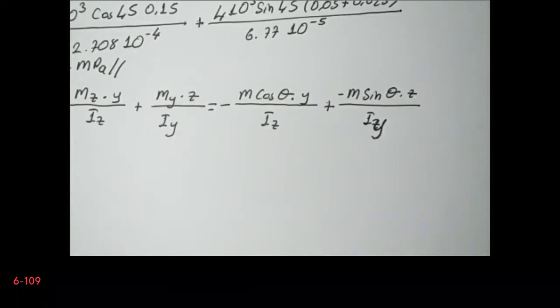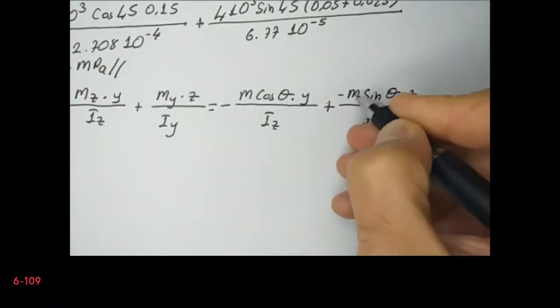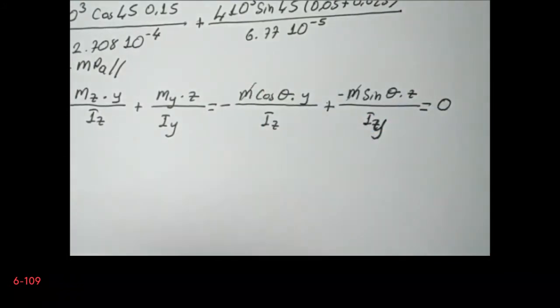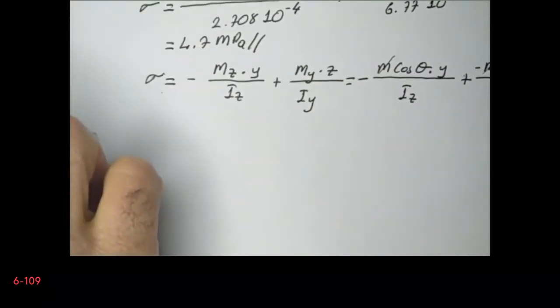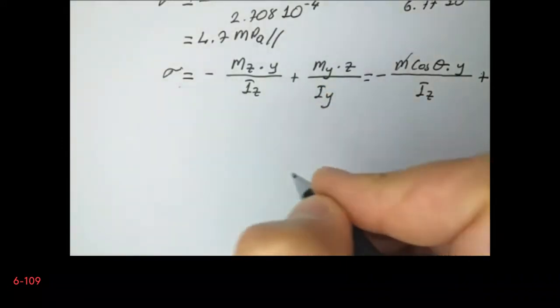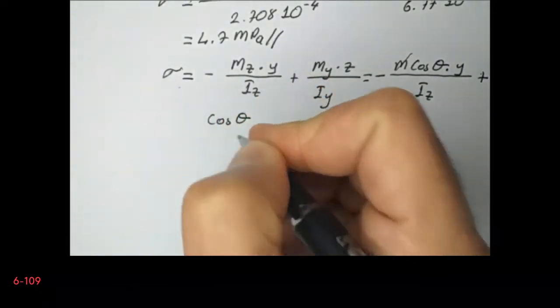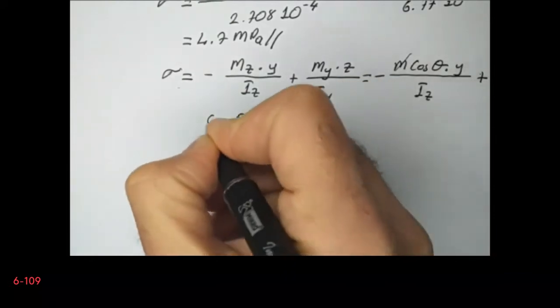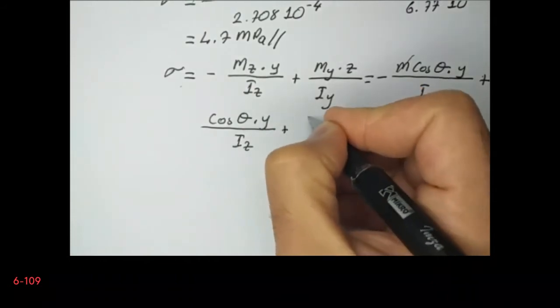Since M is constant, they will cancel, and from here we will see that cosine theta multiplied by y divided by Iz plus sine theta multiplied by z divided by Iy is equal to 0.